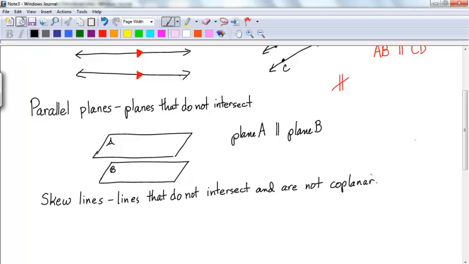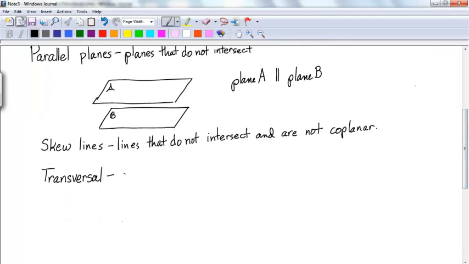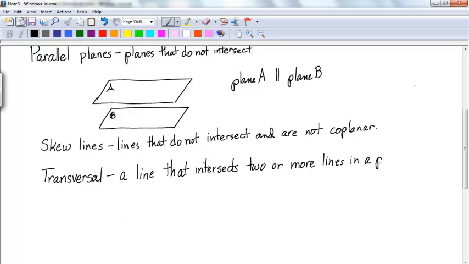Okay. The next thing the author defines is a transversal. And we will use this a bunch in this chapter. A transversal is a line that intersects two or more lines in a plane at different points.